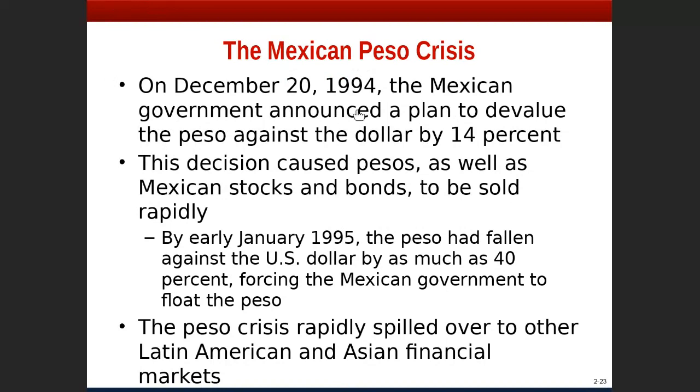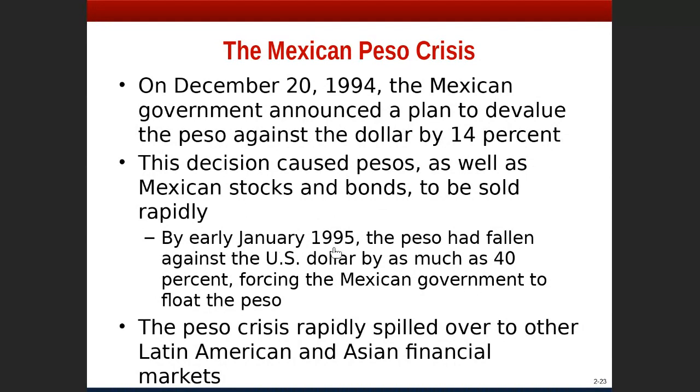Now, on December 20th, 1994, the Mexican government announced a plan to devalue the peso against the dollar by 14%. This decision caused the pesos, as well as Mexican stocks and bonds, to be sold rapidly.